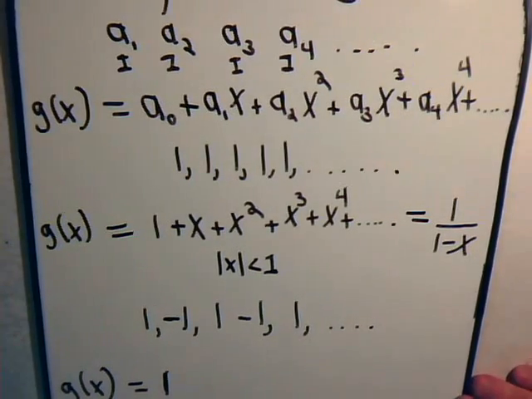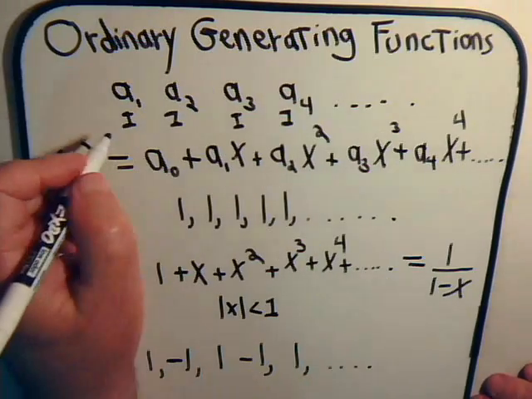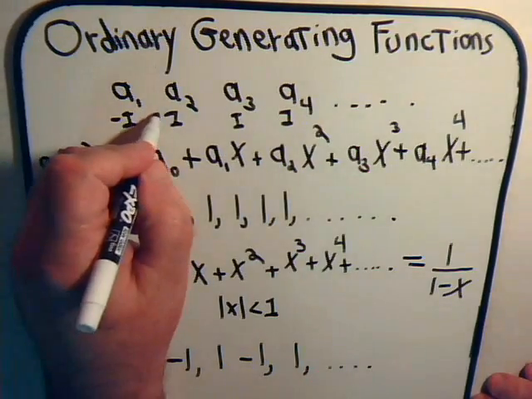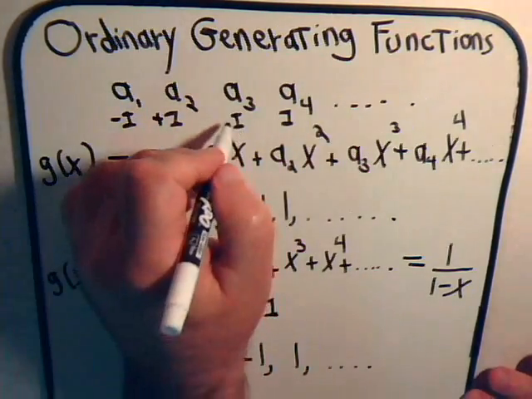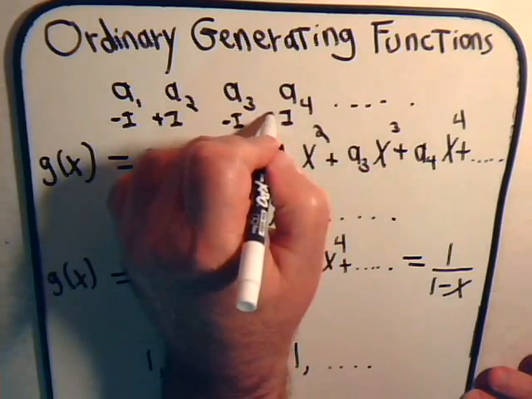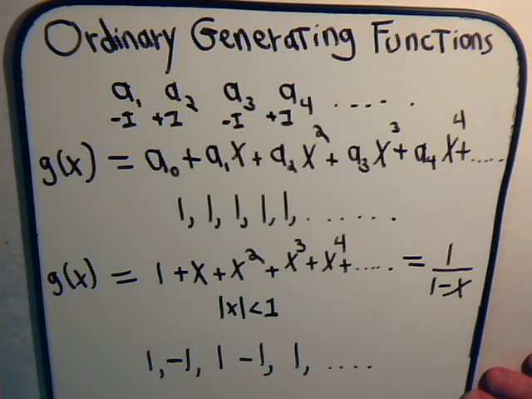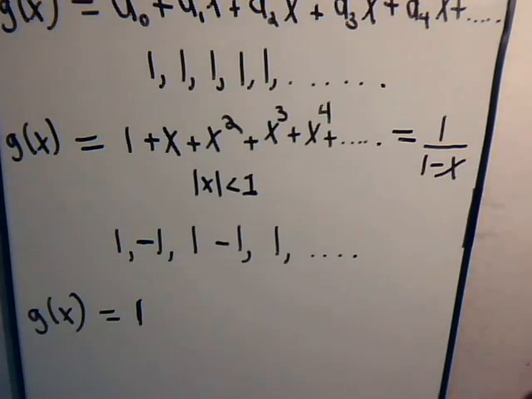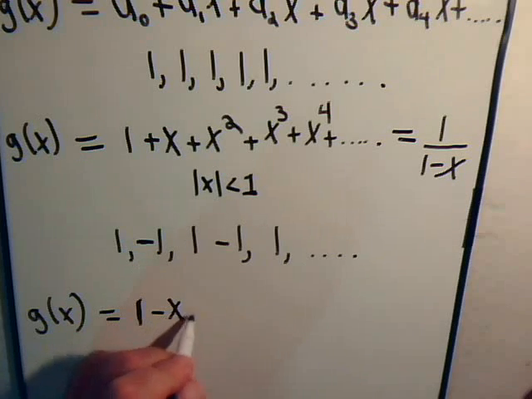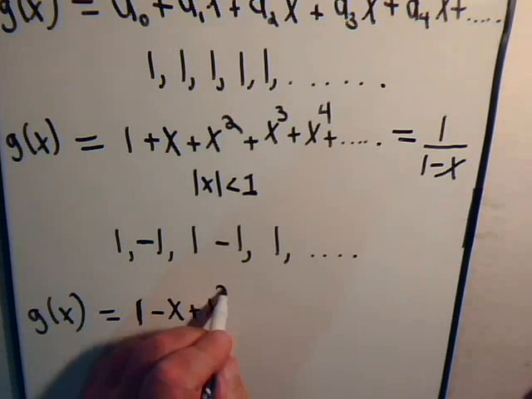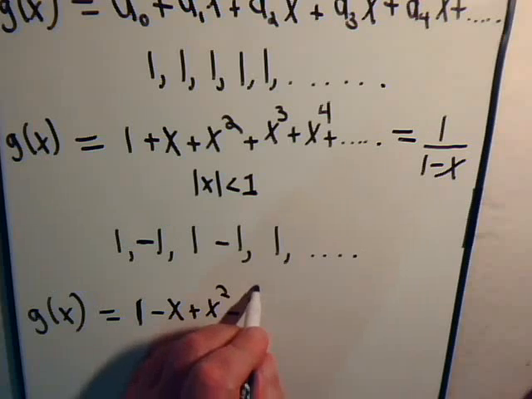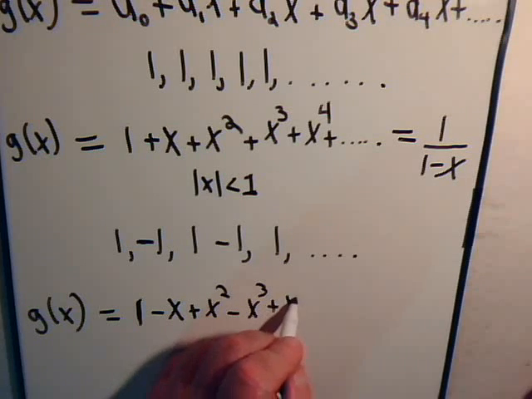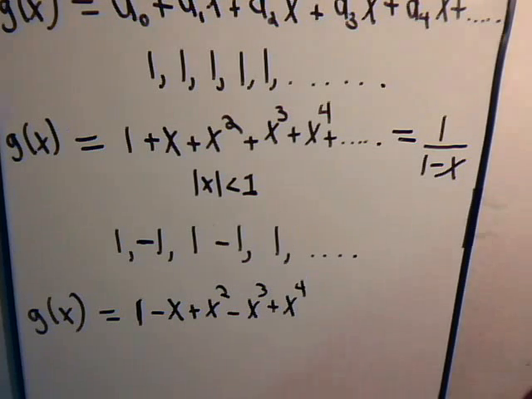Then this is negative 1, this is plus 1, this corresponds to negative 1, this corresponds to plus 1, so the generating function that we get is 1 minus x plus x squared minus x cubed plus x to the fourth, and the pattern keeps repeating itself.